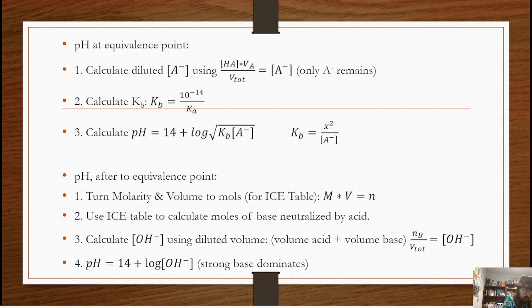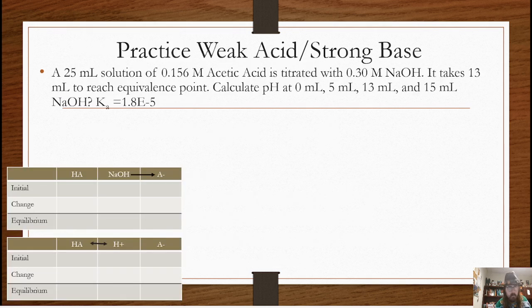You still have to go MV to moles, subtract the limiting reactant, and then moles back to molarity. You still have to do that. But the idea is that at that point, the pKa can be safely ignored.